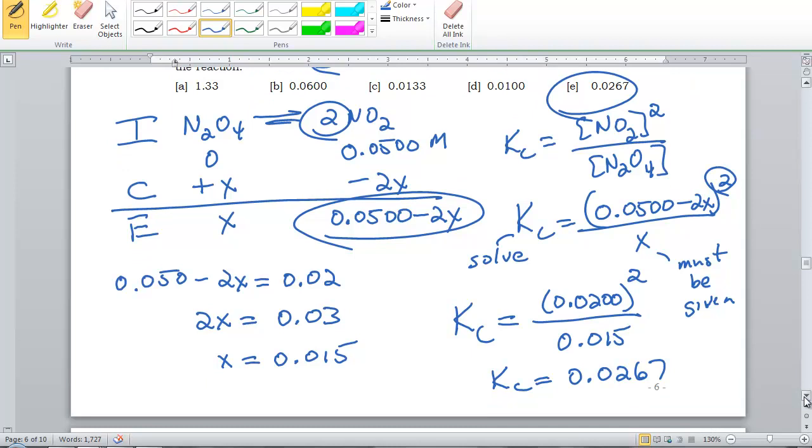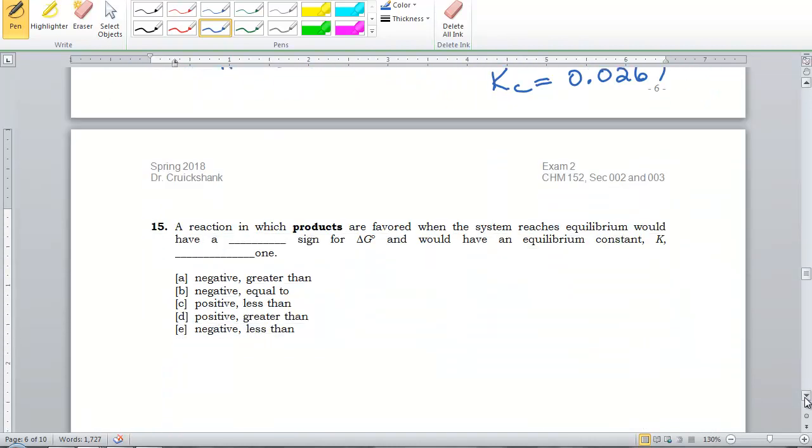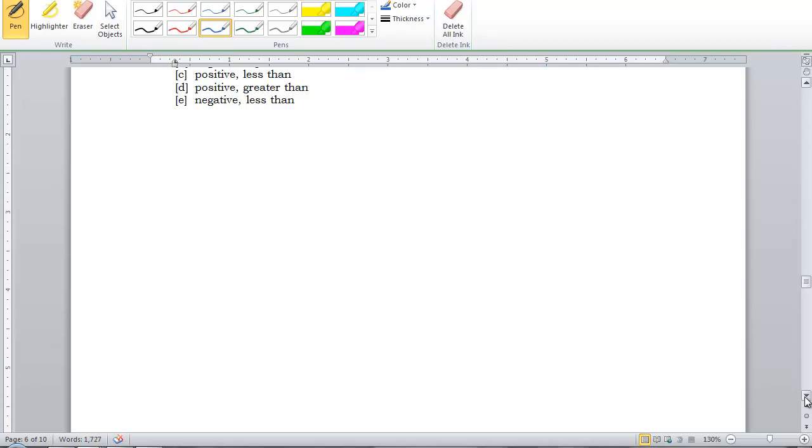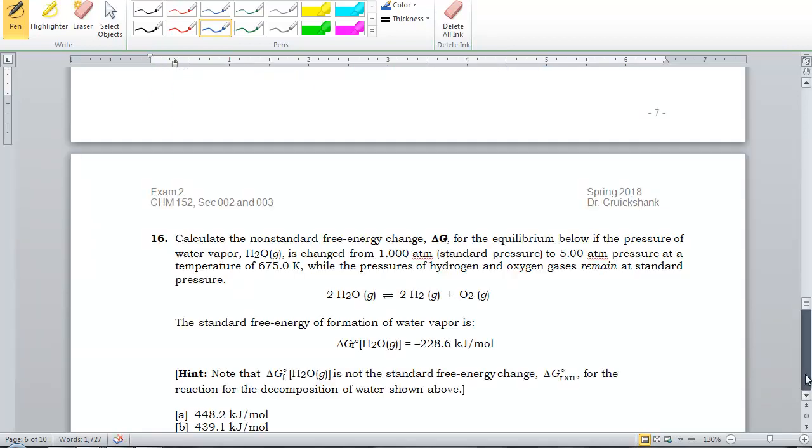Now, disregard 15 and 16 on this exam. We will do that later in the semester. Turns out, and you will not remember this, but when we started the semester, we started with thermo, and one thing we covered was delta G, the free energy change.